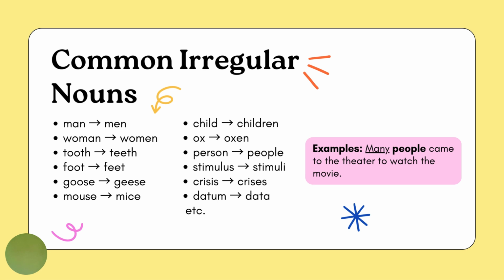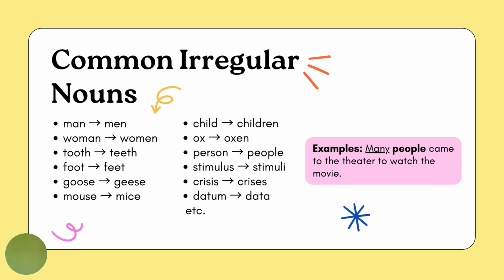For example, here common irregular nouns: man to men, woman to women, tooth to teeth, foot, feet, goose, geese, mouse, mice. So here are the singular, here are the plural. Child to children, ox to oxen, person become people.